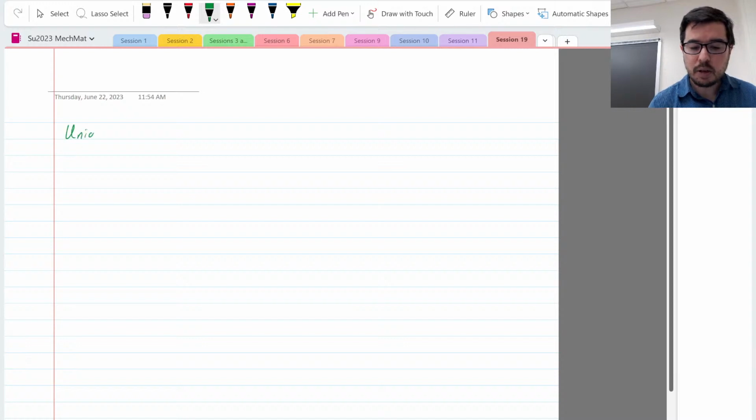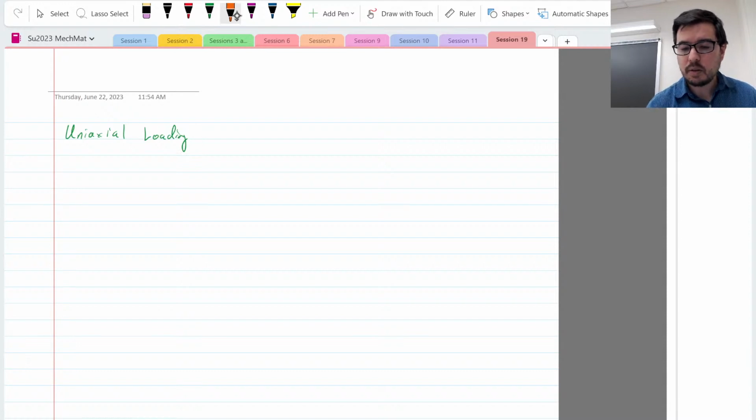Uniaxial loading, and we cover this in the videos, is an interesting case, right? Because we do our tensile testing in this scenario.